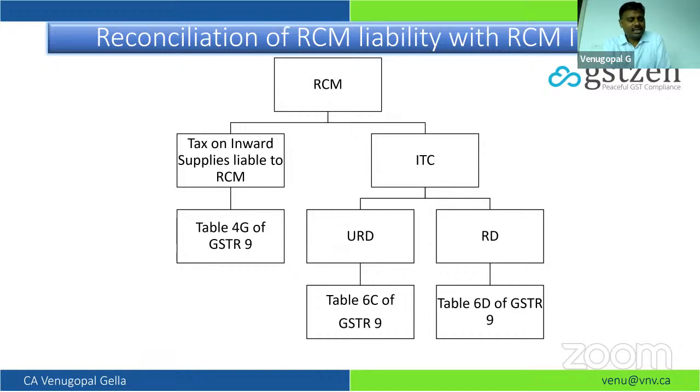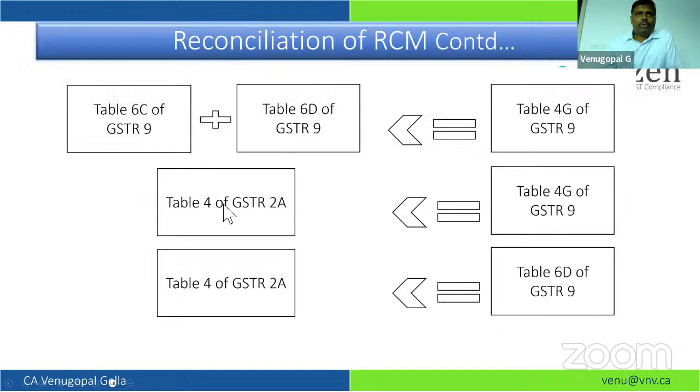In the first instruction, they have clearly said there is a press release on 3rd July 2019, wherein they clarified the reverse charge liability. They have clearly said any reverse charge not paid should not be reported in this table. It should be reported only in the period in which it has been paid.